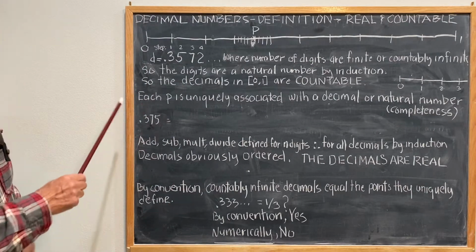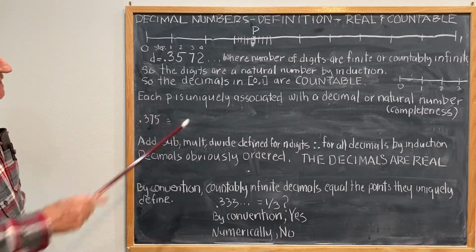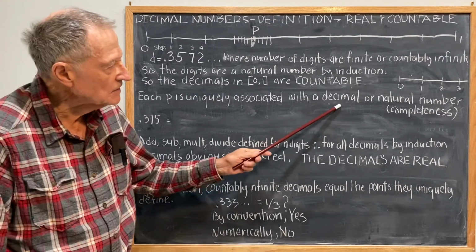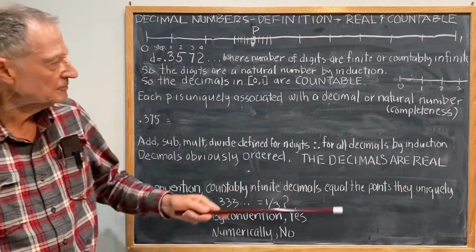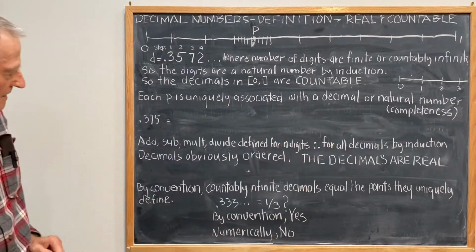Now, I note that each P is uniquely associated with a decimal or natural number, which is the property of completeness.